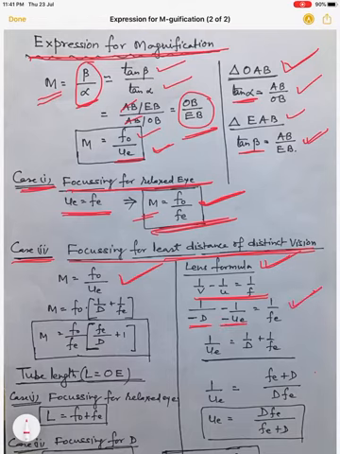If we solve this, we get 1 by ue is equal to 1 by D plus 1 by fe. Further, if we take LCM D into fe, then fe plus D is equal to 1 by ue, so ue is equal to D fe upon fe plus D. In this way we can get the value of ue.